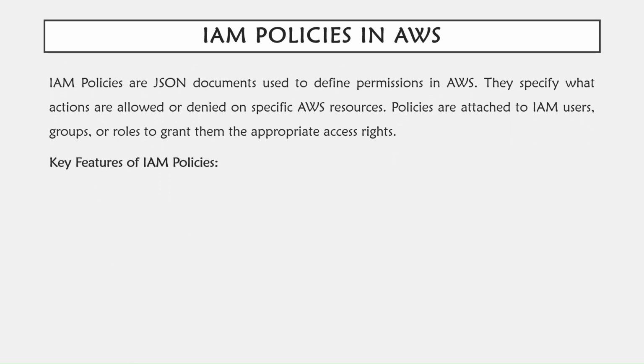It has actions, which define what operations are allowed or denied, and we have resources, which define which resources the actions can be applied to. And we have conditions, which define optional conditions under which the permissions are granted, for example based on IP address, time, multi-factor authentication, etc.